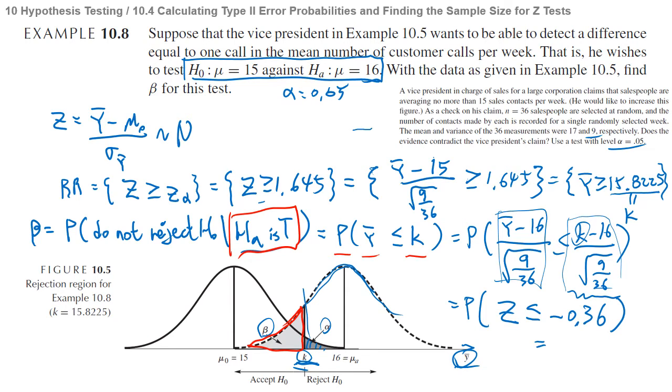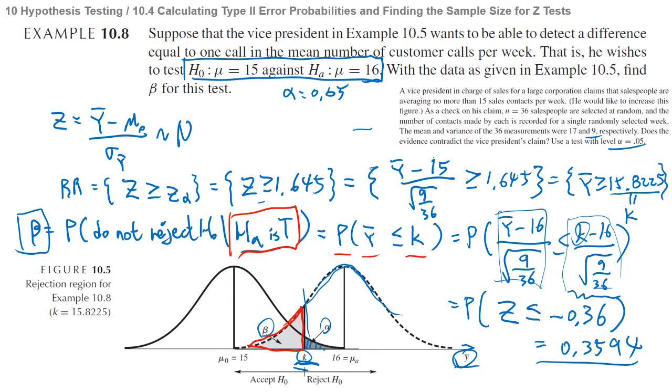Using R, you can find this probability, and this is 0.3594. Okay, so this is how you can calculate the value for beta.